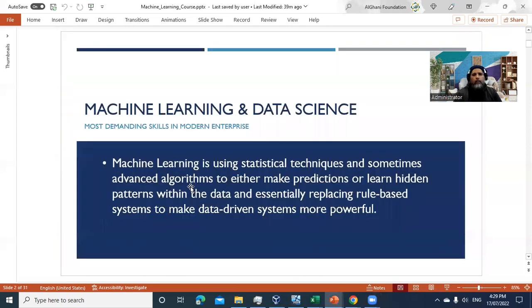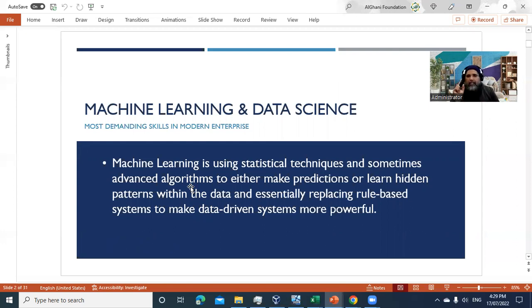All right, so let's quickly have a look at the definition. Machine learning is using statistical techniques and sometimes advanced algorithms to either make predictions or learn hidden patterns within the data, and essentially replace rule-based systems to make data-driven systems more powerful. What we mean by a data-driven system, and how it moves the system from rule-based to data-driven, we're going to see in a moment.